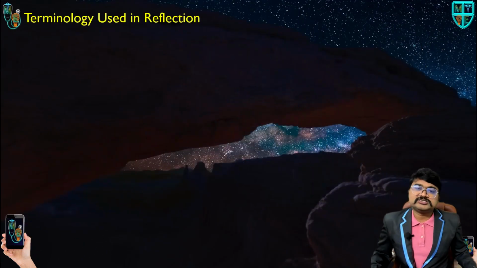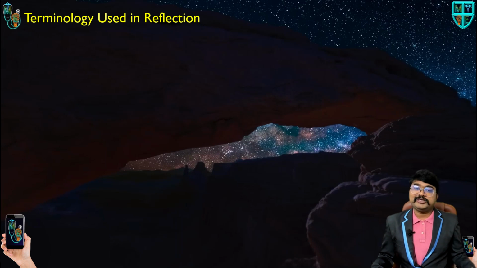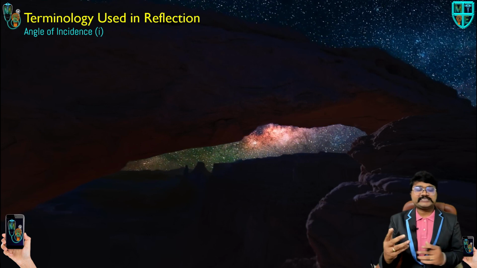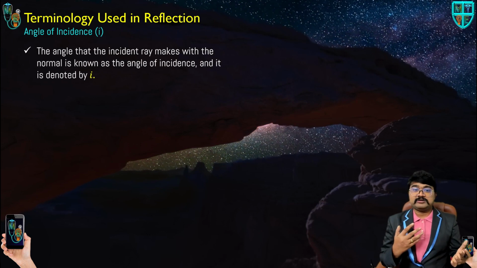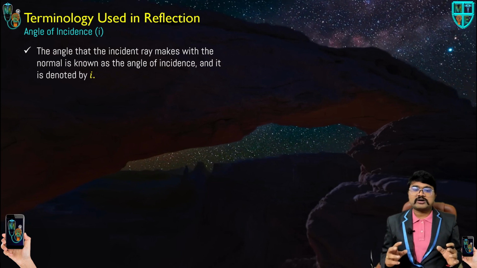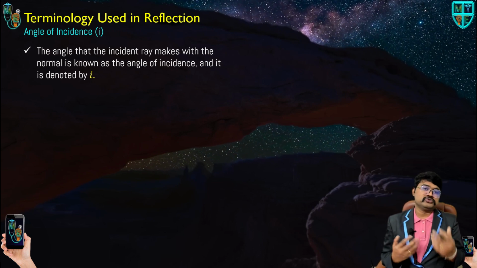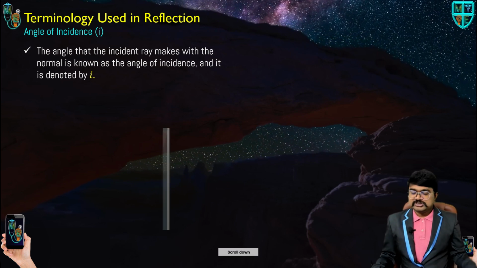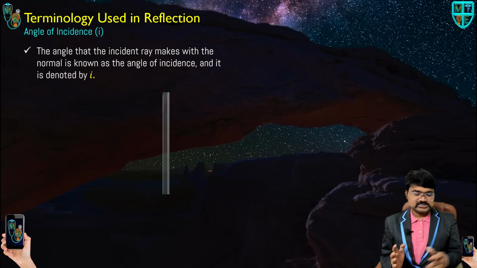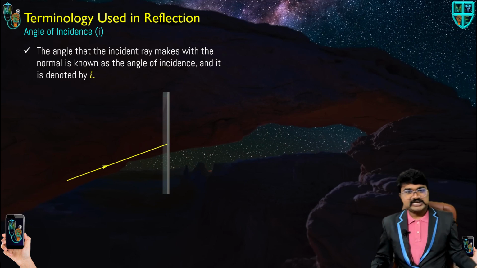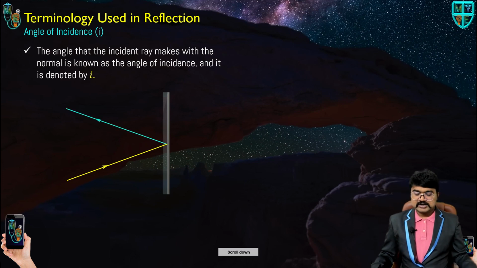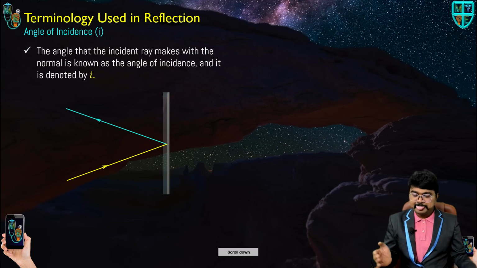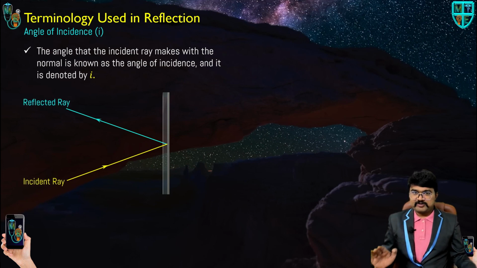Now, terminology used in reflection. See here, this is the angle of incidence and the angle of reflection; both are important. These two are some of the most popularly used terms in this reflection chapter. This is the mirror, and this is the incident ray, which is reflected back to the same medium as the reflected ray.